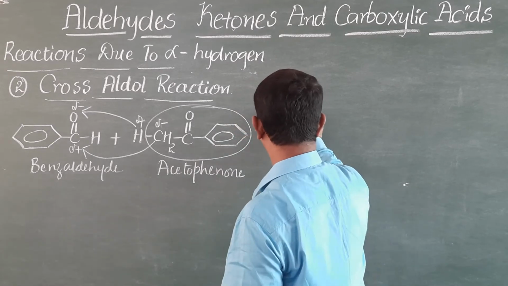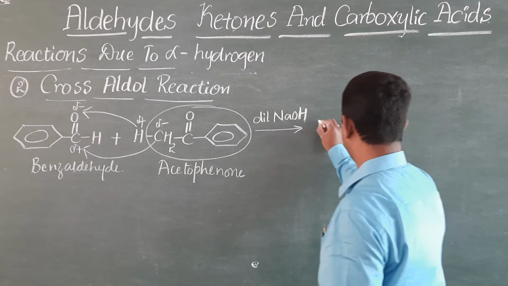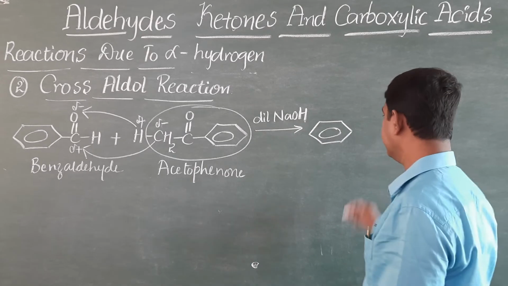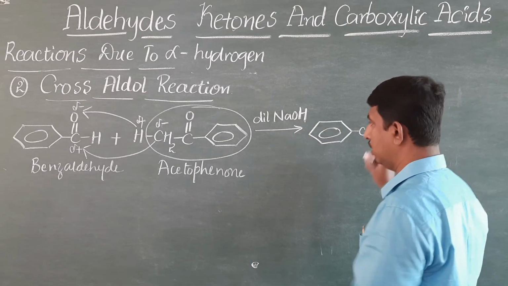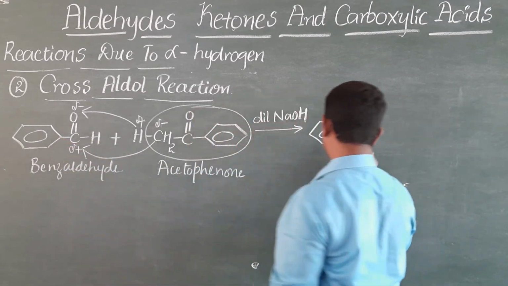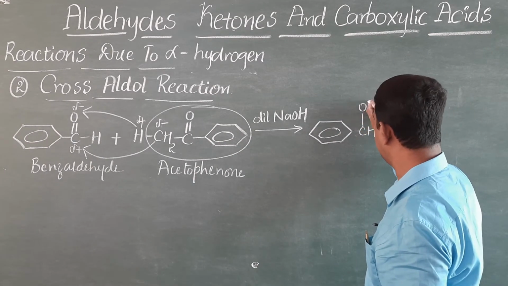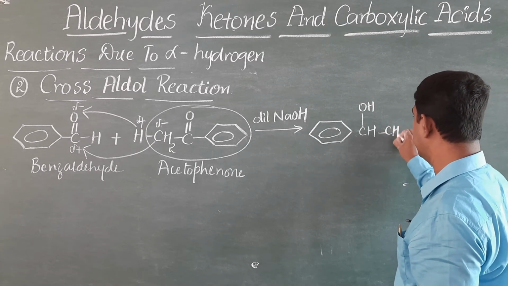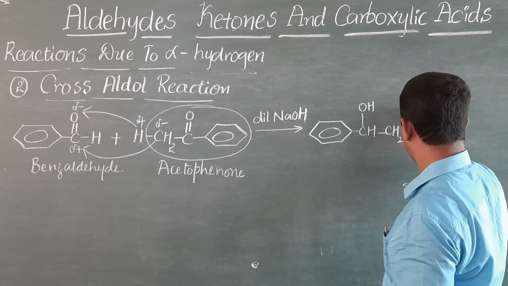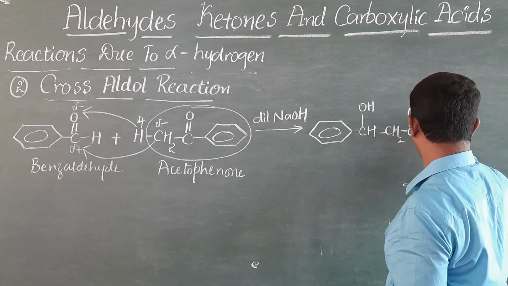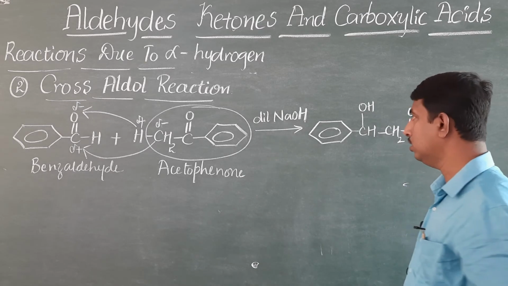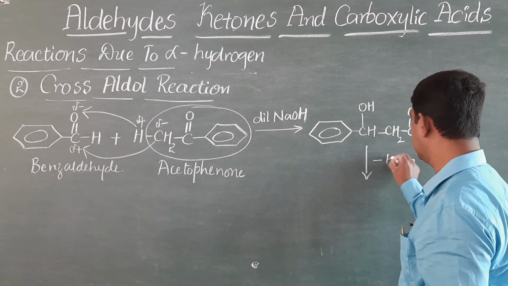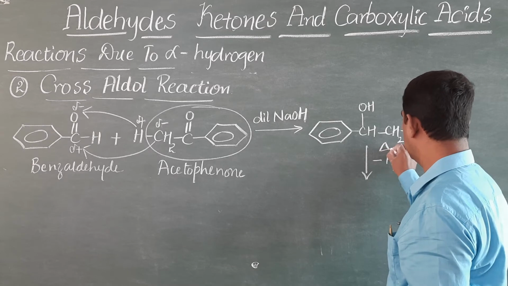So the product formed has a benzene ring, then CH, single bond OH, remaining group CH2, C double bond O, again a benzene ring. Now this compound readily loses water upon heating.